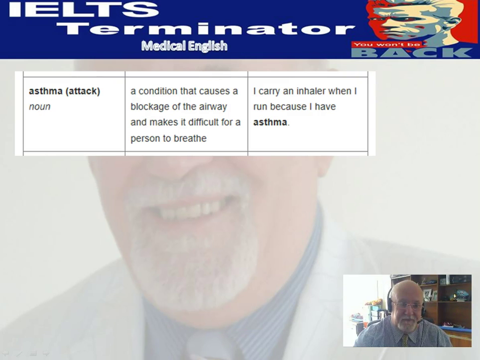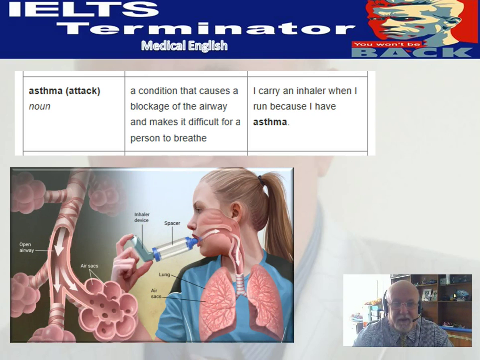Asthma. We often use this with the word attack. It seems to attack people without too much warning. Asthma, that's a noun. It's a condition that causes a blockage of the airway and makes it difficult for the patient to breathe. We've all seen these, I'm sure.